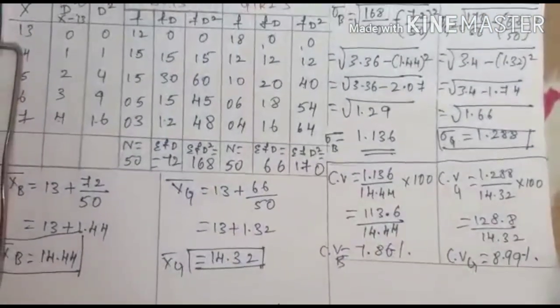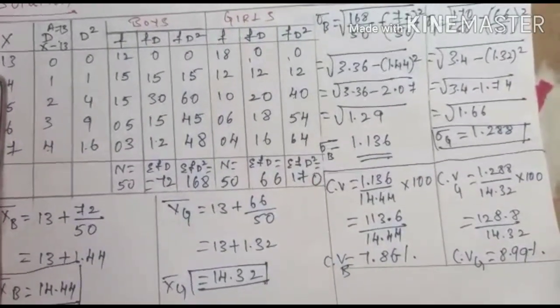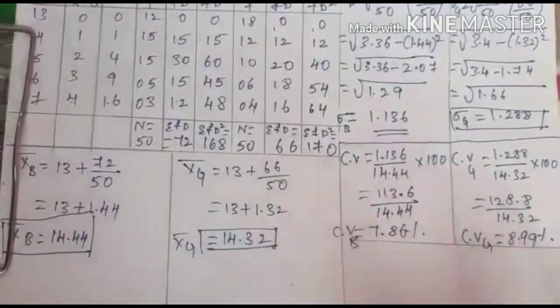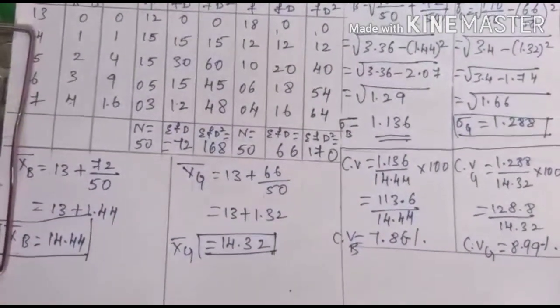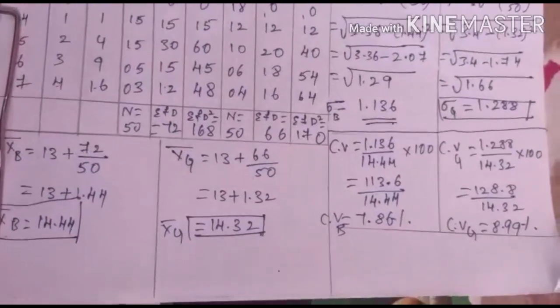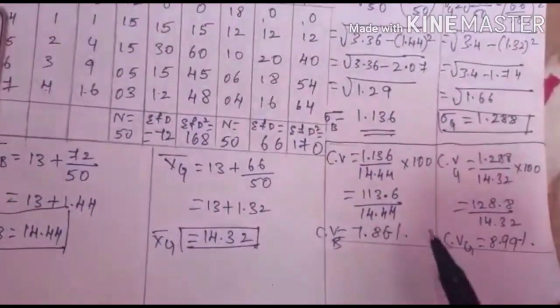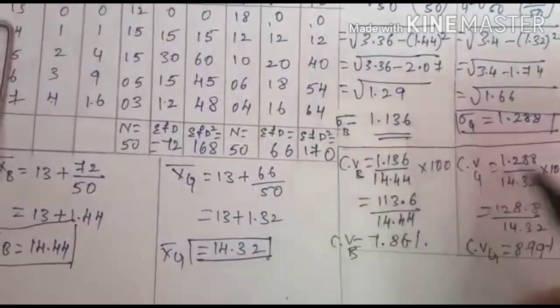So now we have calculated all required values. In the problem they ask to find which group's age is more variable, by comparing the CV values of both boys and girls.